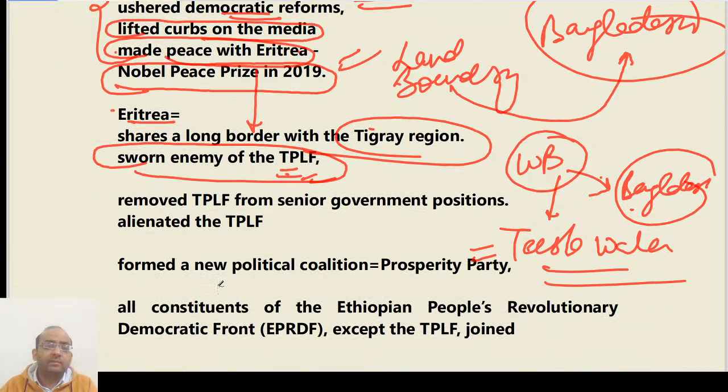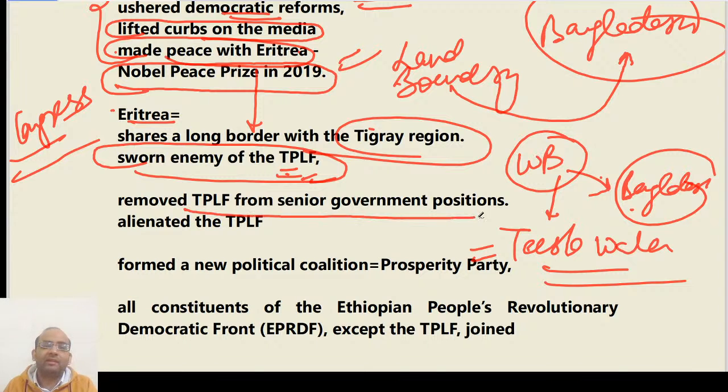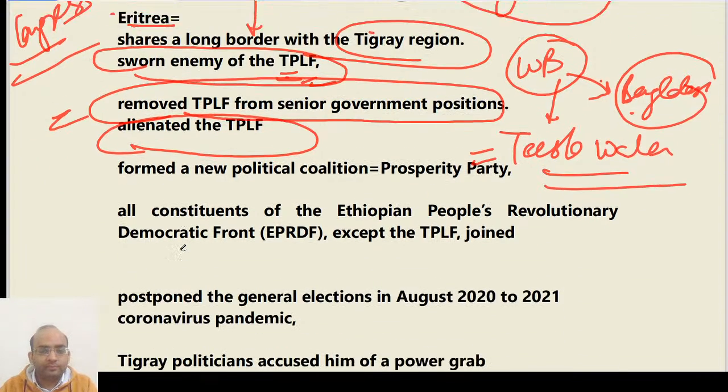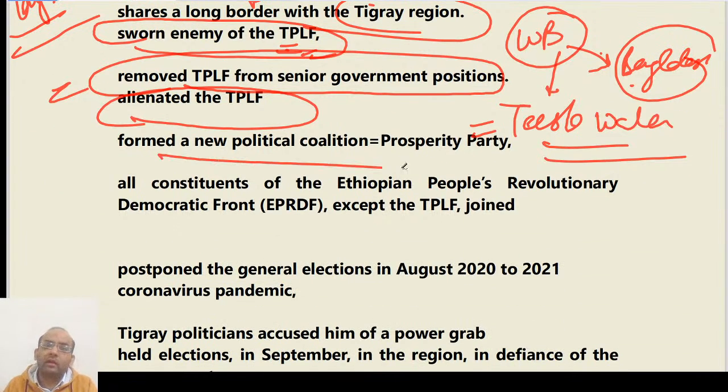What else? Abiy wants, just like Modi wants Congress Mukt Bharat, similarly, Abiy wants TPLF Mukt Ethiopia, a TPLF-free Ethiopia. That is why he removed TPLF from senior government positions, which has further alienated the TPLF. Now, he has formed a new political coalition named the Prosperity Party.